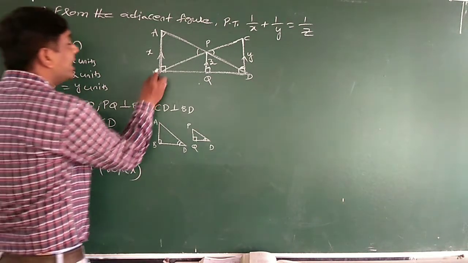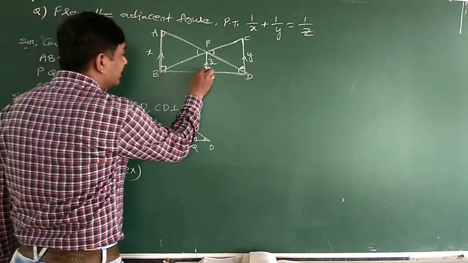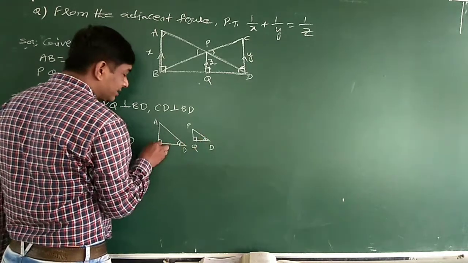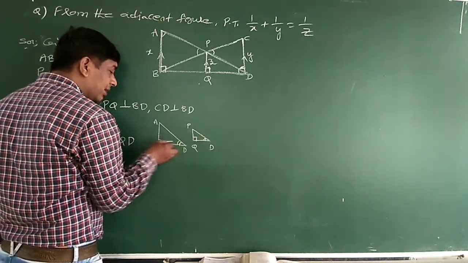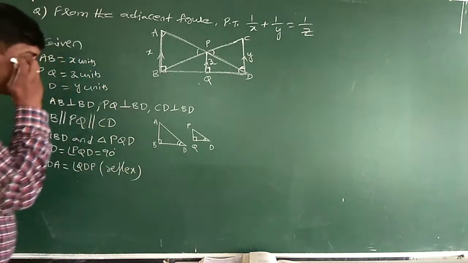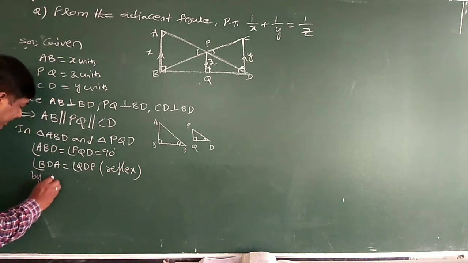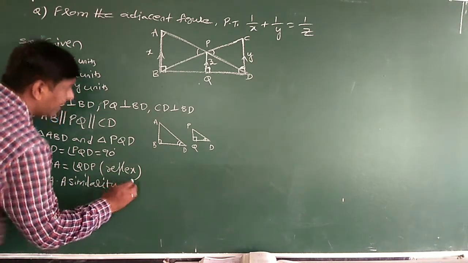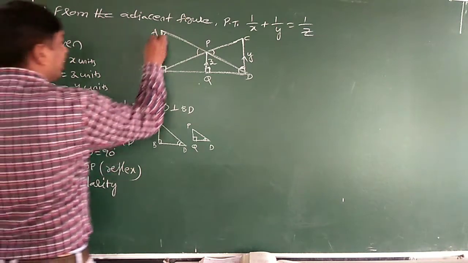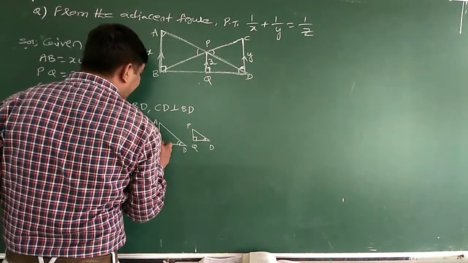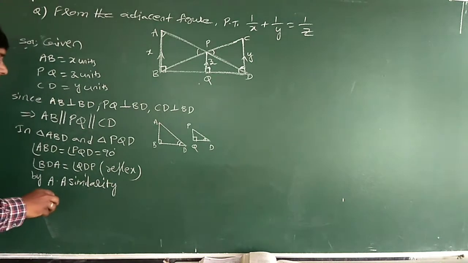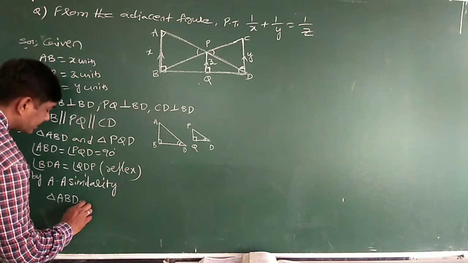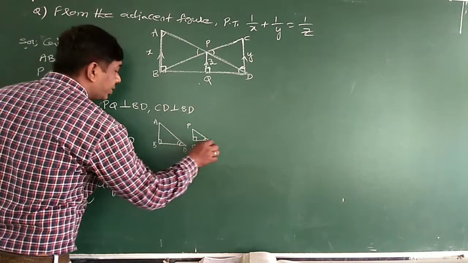So by angle similarity, angle B is equal to angle Q, and angle BDA is equal to angle QDP. So by AA similarity, triangle ABD is similar to triangle PQD.